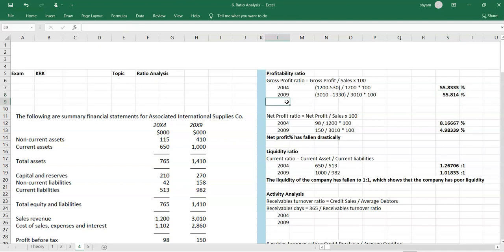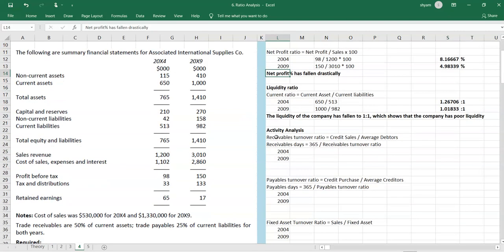So the gross profit percentage seems to be stable. That's not much of a difference. Both seem to be very stable here. The problem starts with the net profit level. So net profit level has fallen down rapidly.